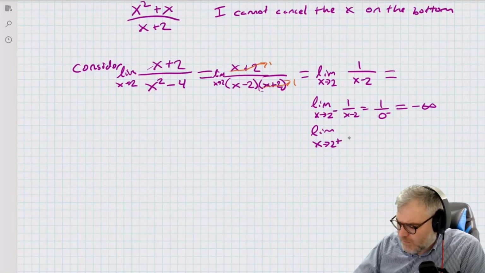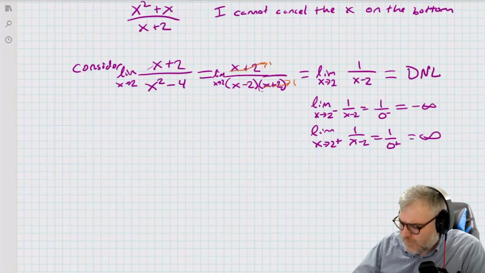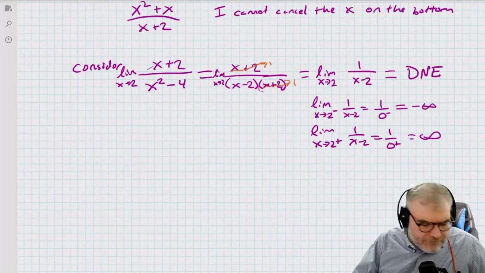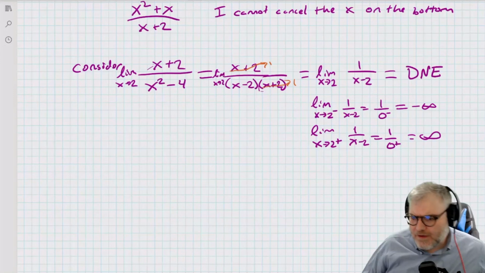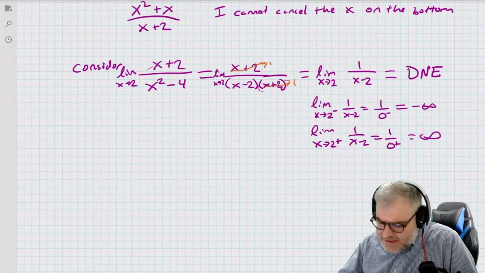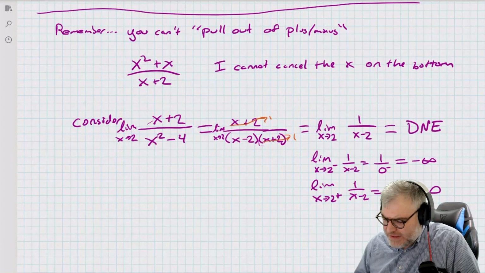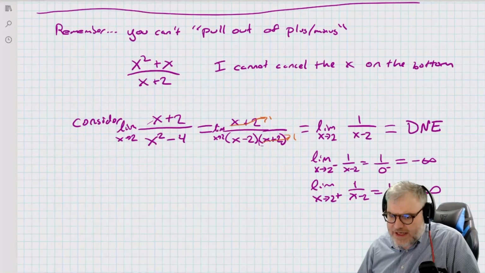This is going to be a positive number on the bottom over x minus 2 equals 1 over 0 plus, because I'm going to have a very small positive number. That's going to be positive infinity, so this doesn't exist. Okay? 1 to 5, how do we feel about that? The point is, I can't cancel here. I can't cancel anything on this, and I can't cancel anything here until I actually factor it out.